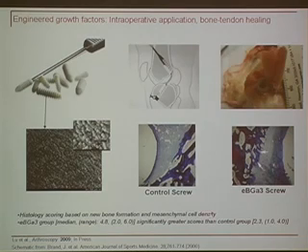And what you can see is in the presence of a control screw, you see the tendon, and then you see the native bone, but you don't see a lot of new bone formation, and you also don't see a large abundance of progenitor cells at the interface that are getting activated. In the case of the screw that contains the molecule that we've engineered, you see new bone formation extending away from native bone, and then it's not shown here, but if you look at higher magnification, you can see mesenchymal cells at the interface getting activated.